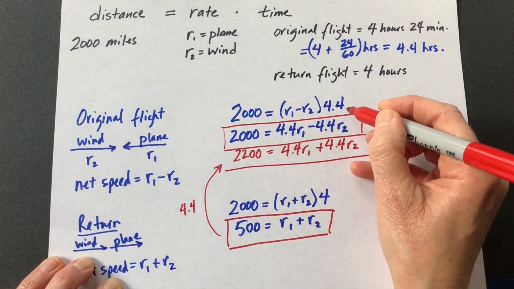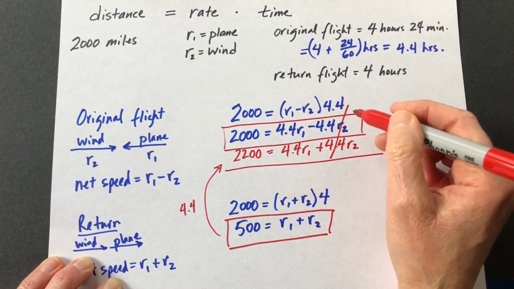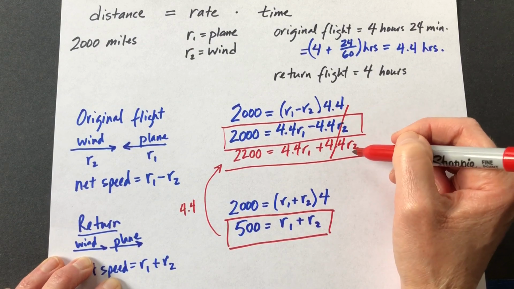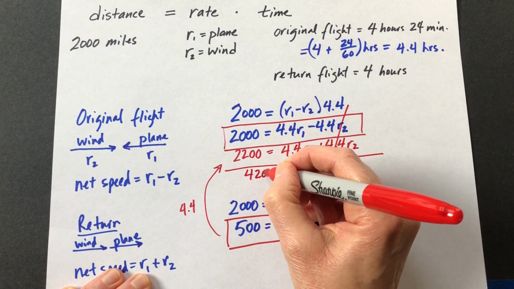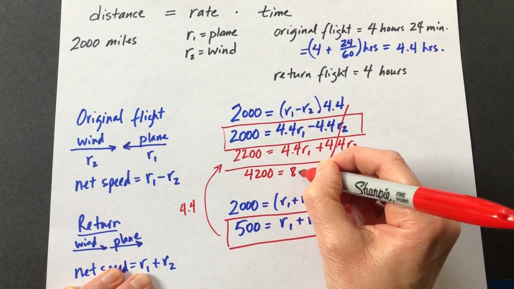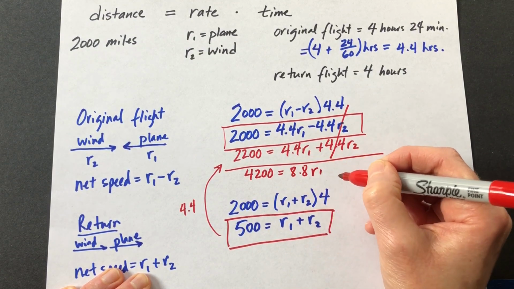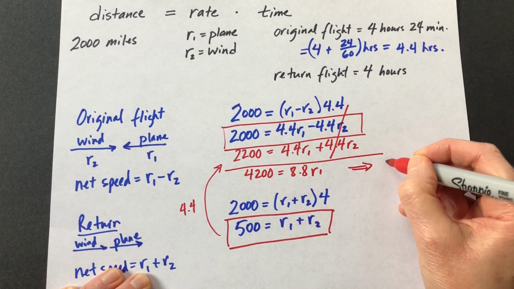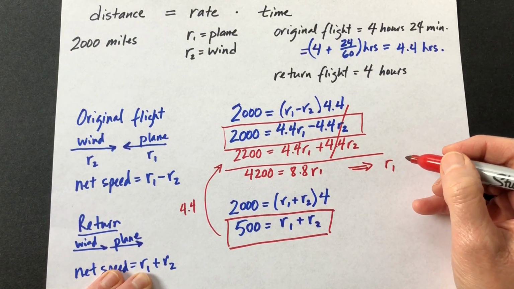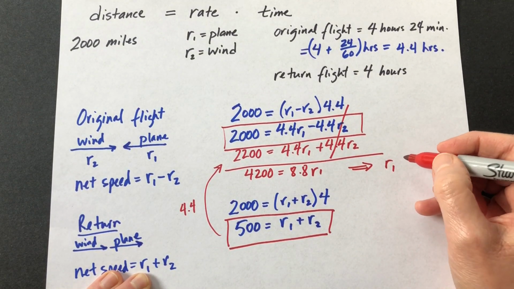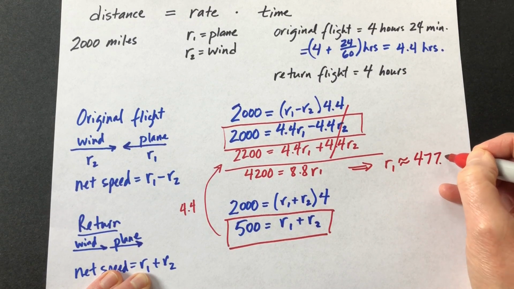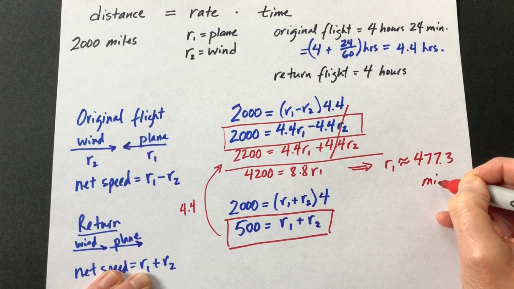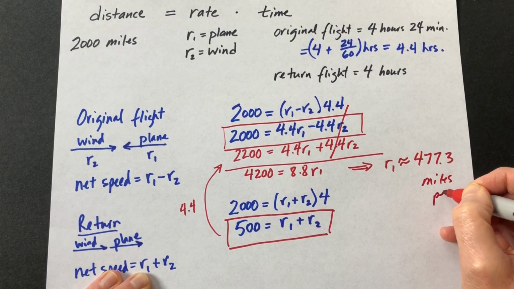When I add those, the whole point was I wanted the R2 term to cancel out. So I end up with 4200 equals 8.8 R1, and that gives me a rate of R1, the speed of the plane, of approximately 477.3 miles per hour.